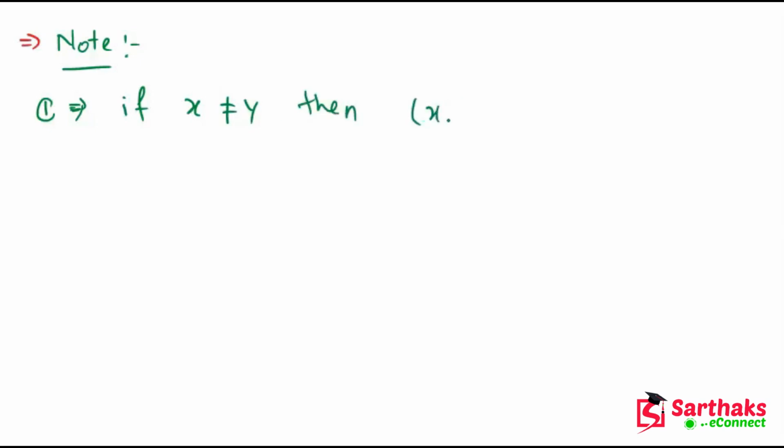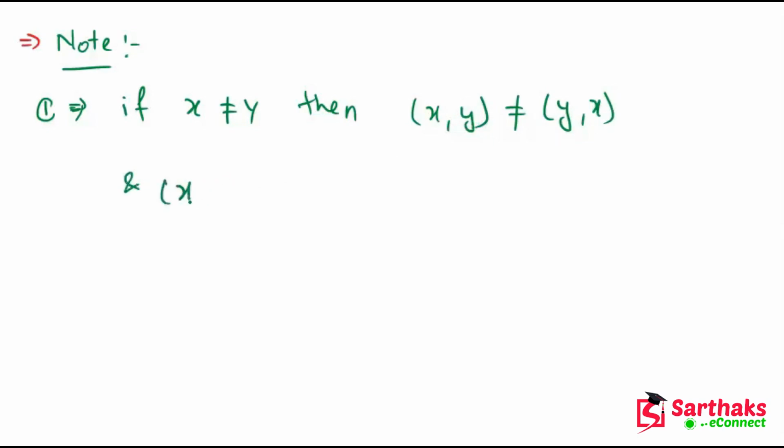Now we have a note. The first important note is that if x is not equal to y, then the coordinates x comma y are not equal to y comma x.